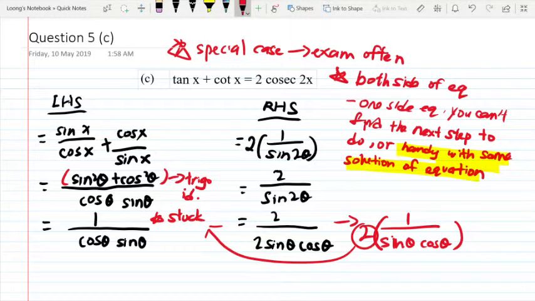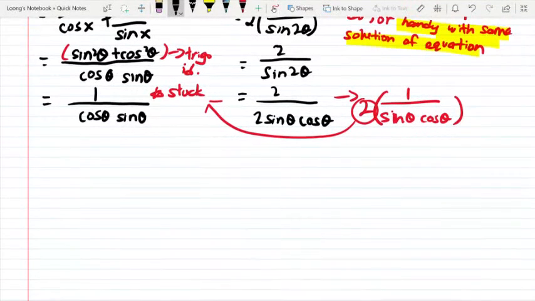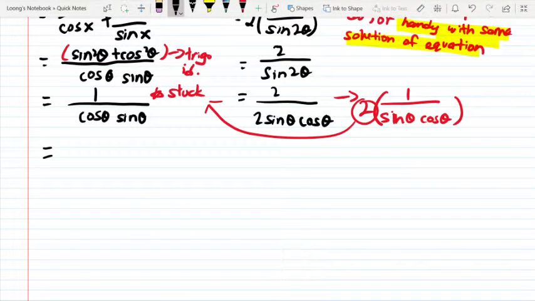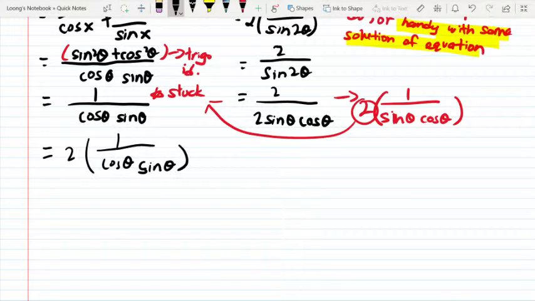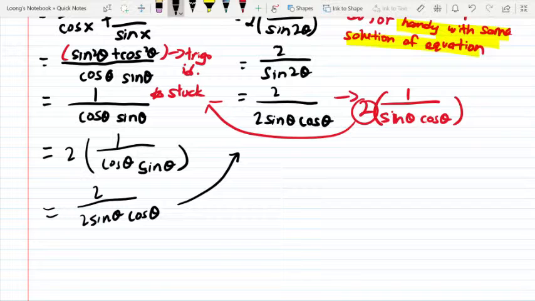So continuing, we multiply 2 in here, 1 over cos theta sine theta, and what we get here is 2 over 2 sine theta cos theta, which is usually the same as the right hand side.